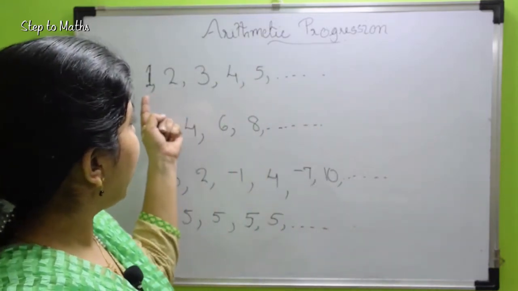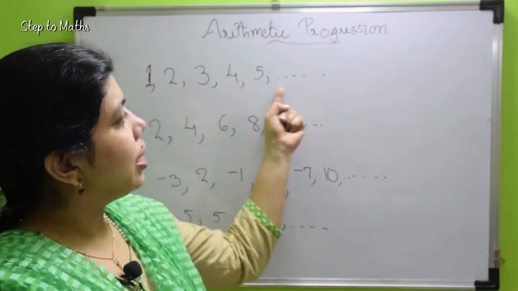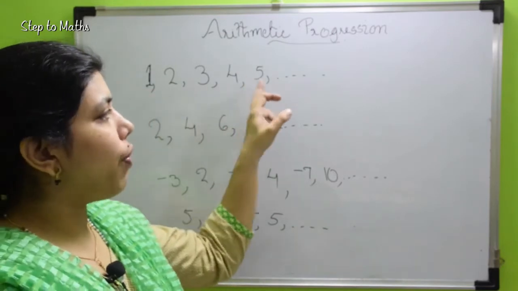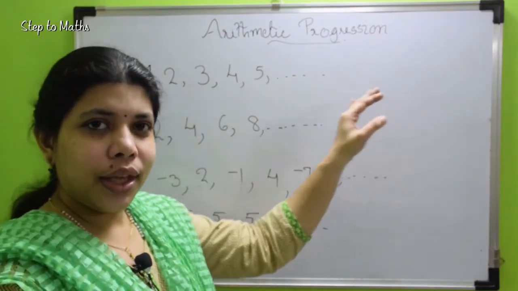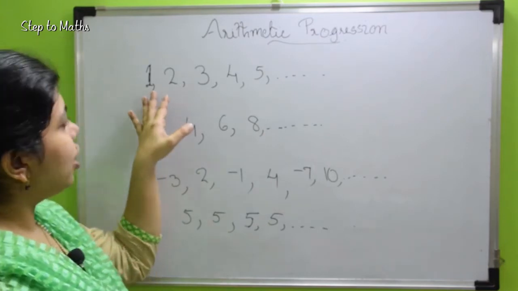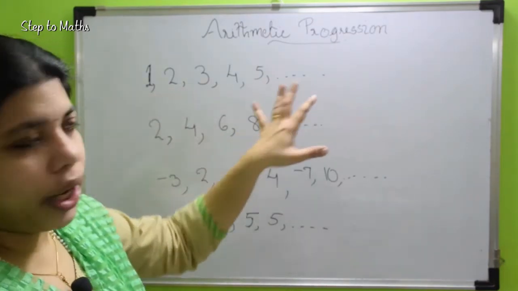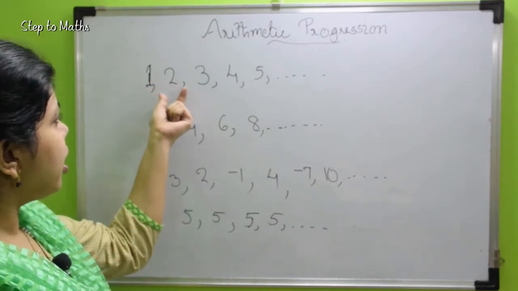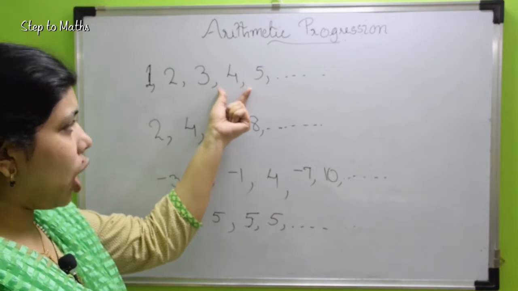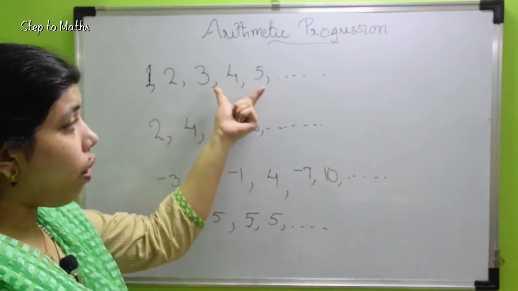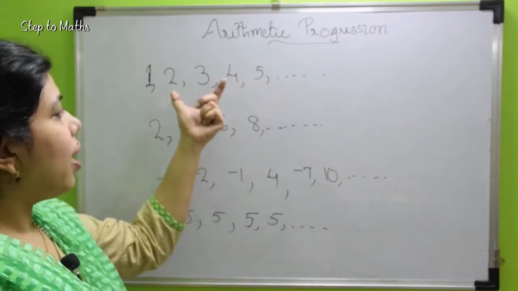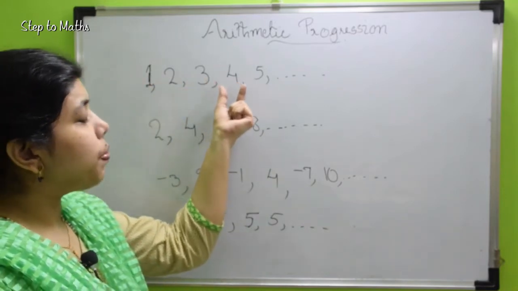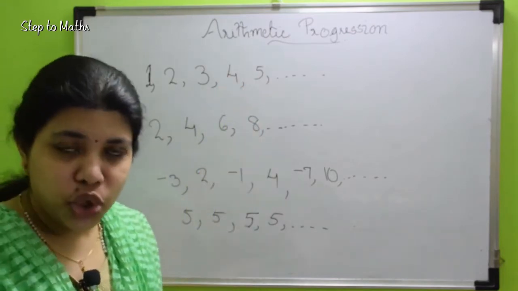The most familiar example is the set of natural numbers 1, 2, 3, 4, 5, etc. Here we arrange numbers in a particular order, and each number in this sequence has a specific position.